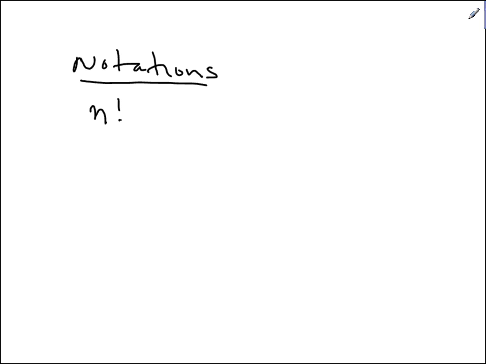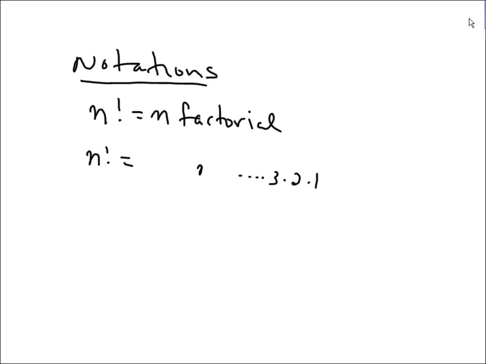N factorial. N will be some number, like 3 factorial, 4 factorial, 11 factorial. This is read as n factorial. What n factorial is, normally written from high to low, is 1 times 2 times 3, all the way up to the number before n times n itself.